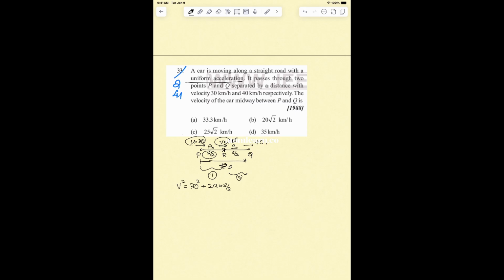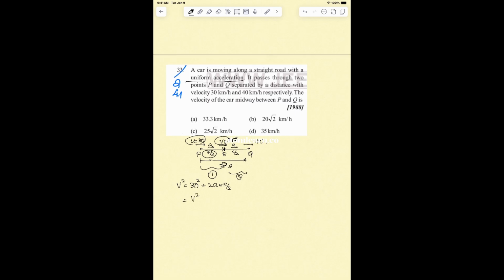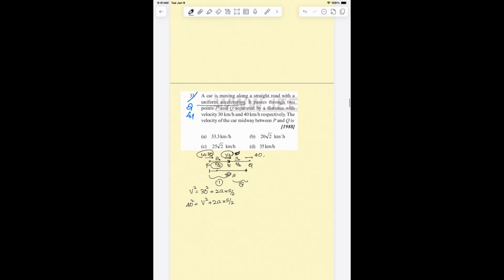Then the second part: the initial velocity is V. Therefore, V squared, final velocity, equal to 40 squared plus 2A into S by 2 again, because it is the same distance again.